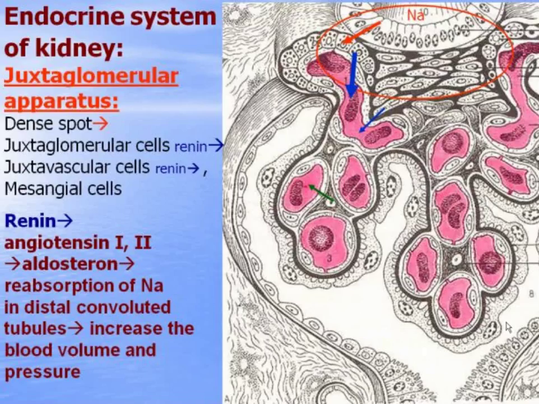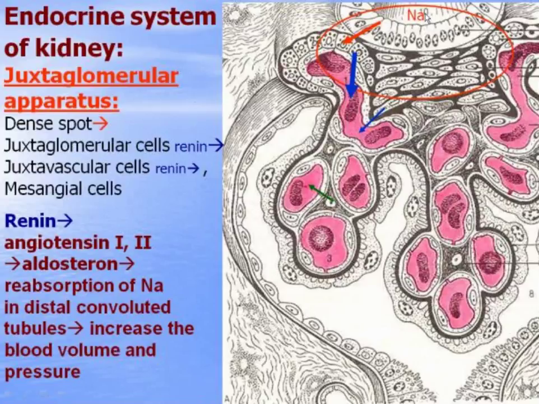The endocrine system of the kidney, its main part, the juxtaglomerular apparatus, consists of the dense spot. It is an accumulation of epithelial cells of the distal convoluted tubules which go between the afferent and efferent arteriole. These chemosensory cells can control the concentration of sodium ions in the primary urine.